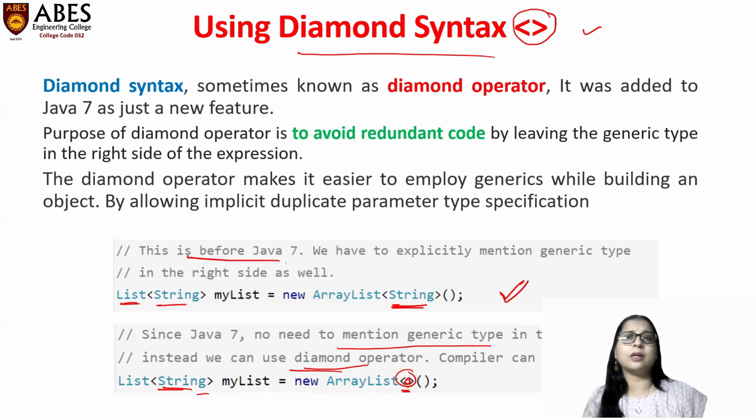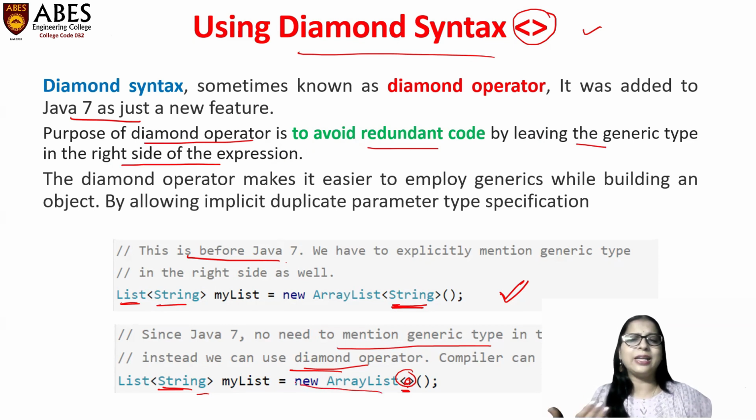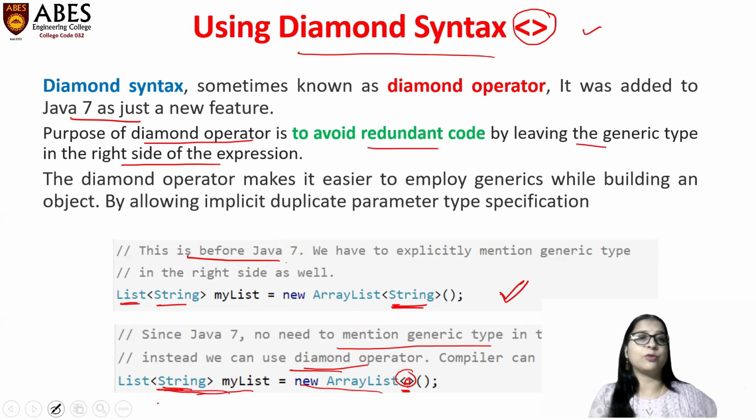So this operator is known as the diamond operator. It was added in Java 7 as a new feature, and its purpose is to avoid redundant code. It leaves the generic type out of the right side of the expression. So when you write new ArrayList, it automatically understands that this object will store string type values.